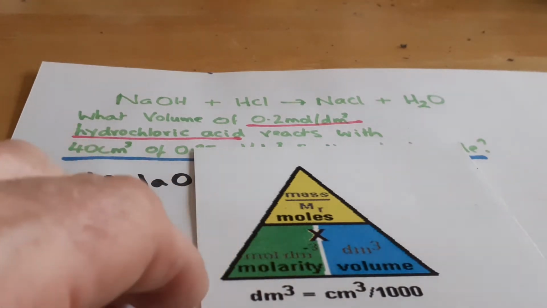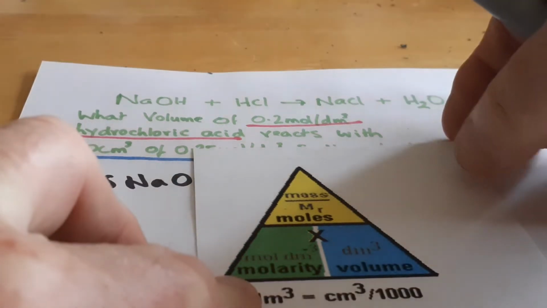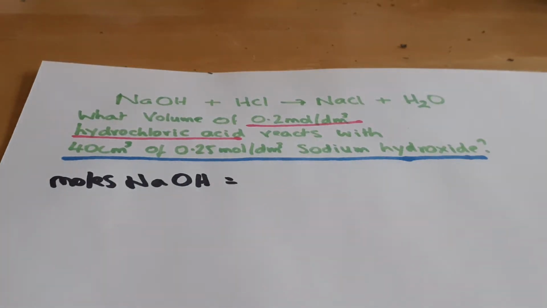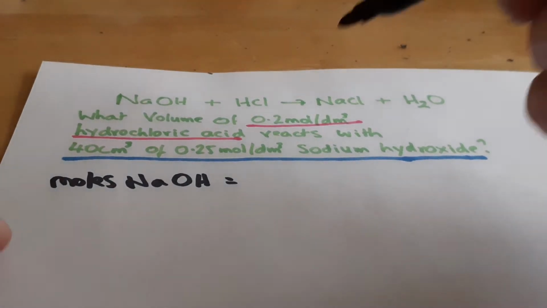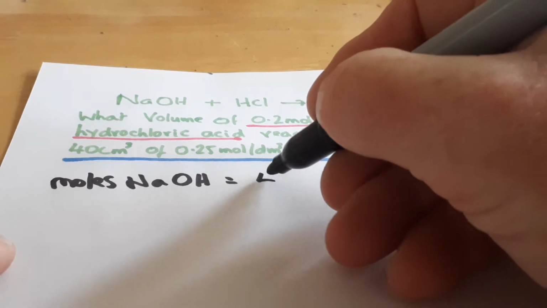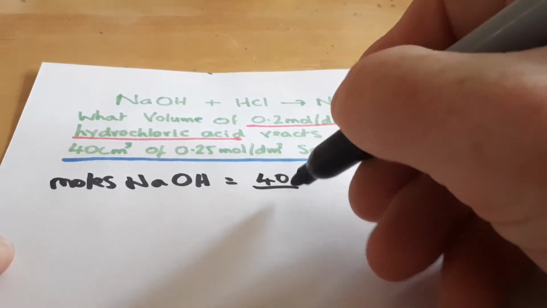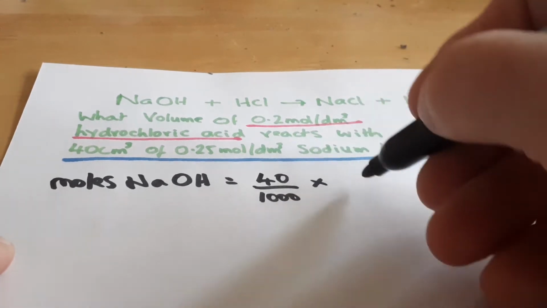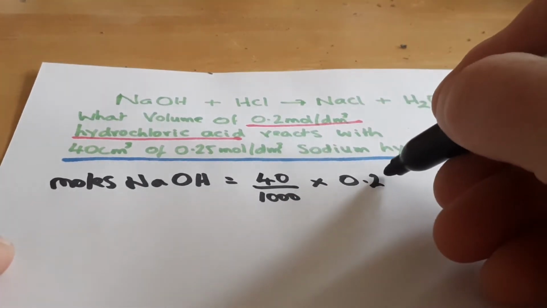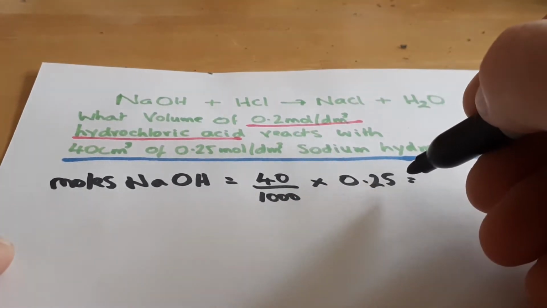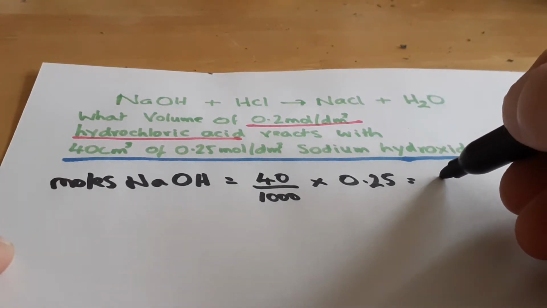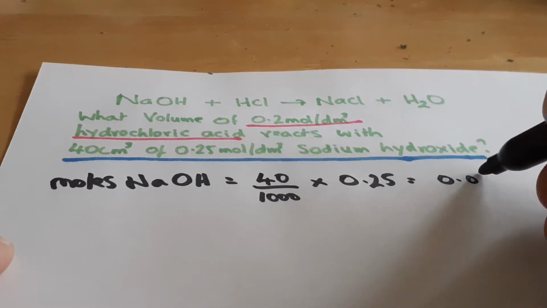But we must remember that the volume must be in decimeter cube. So in this case, for sodium hydroxide, the volume is 40 over 1,000 times the concentration, 0.25. So 40 times 0.25 divided by 1,000 comes out as 0.01 mole.